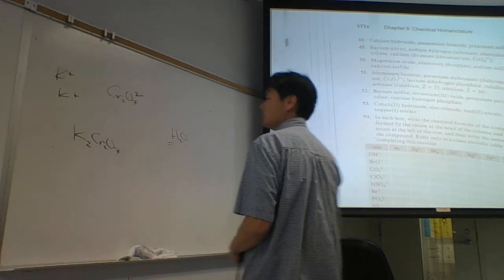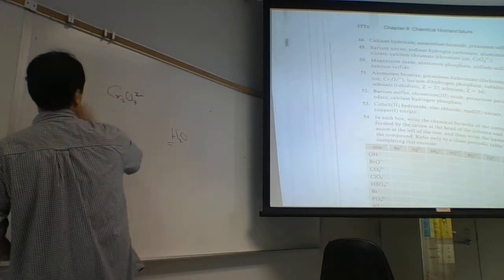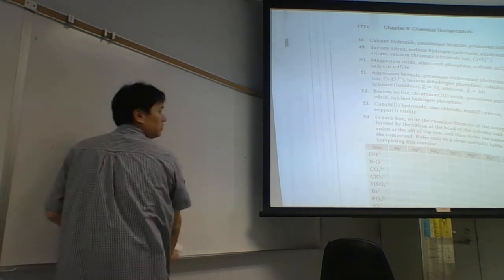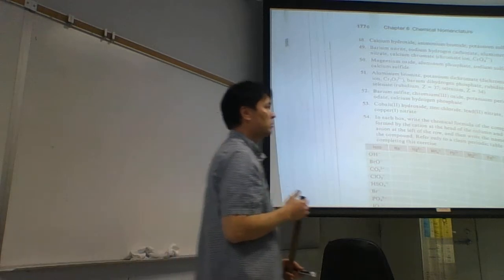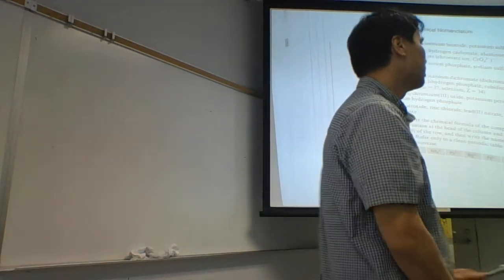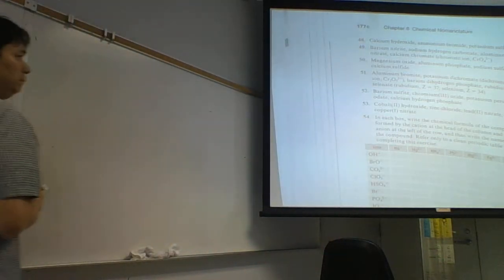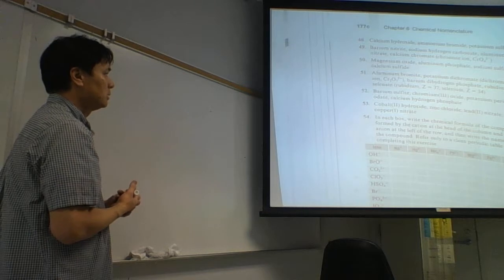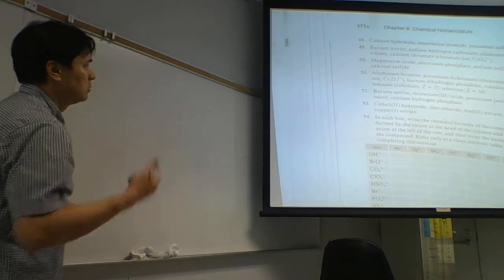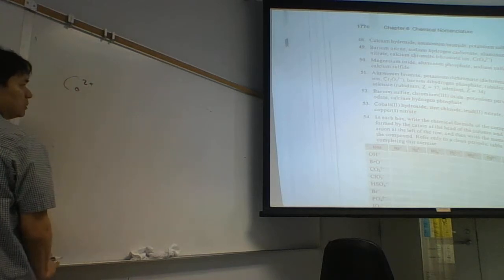Cobalt-2 hydroxide. So finally we have a variable charge. Cobalt likes to form +2 and +3, but there are other charges available to cobalt as well, though those are usually found when it's bonded to other things. Cobalt +3 is quite reactive. Cobalt-2 just means it's cobalt with a 2+ charge.